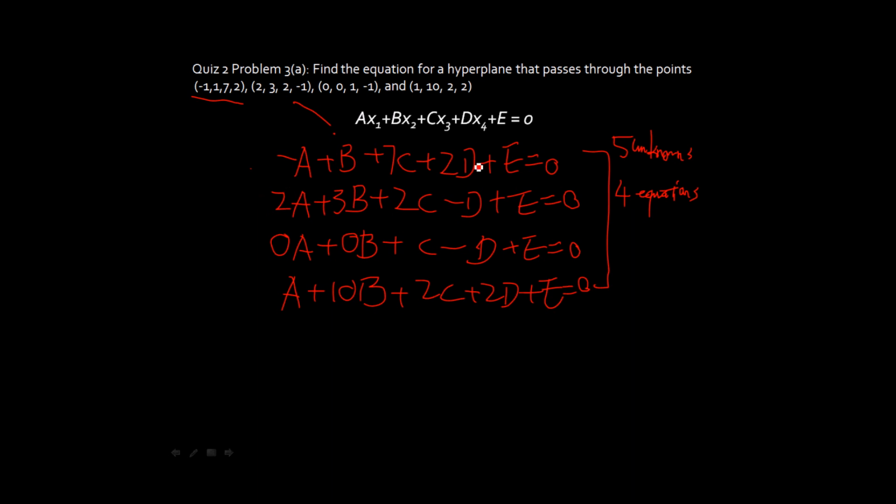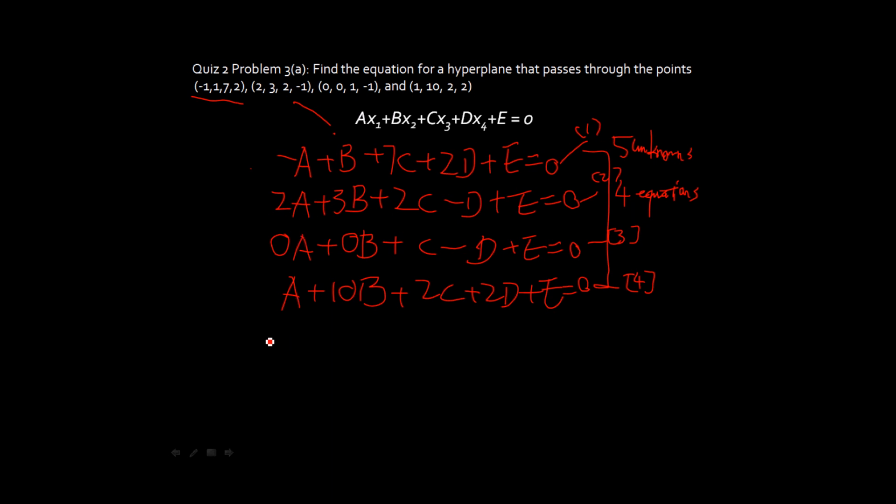Let's make it simpler: this is equation number 1, this is equation number 2, this is equation number 3, this is equation number 4. Notice that if I add equation number 1 2 times to equation number 2, I can cancel out the first unknown, because the minus a and the 2a cancel.